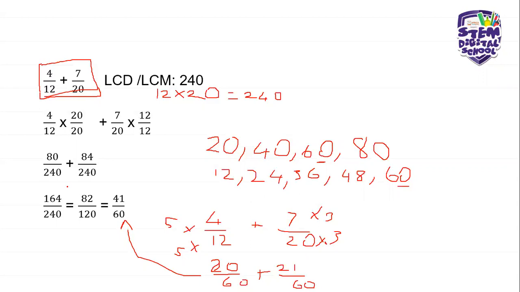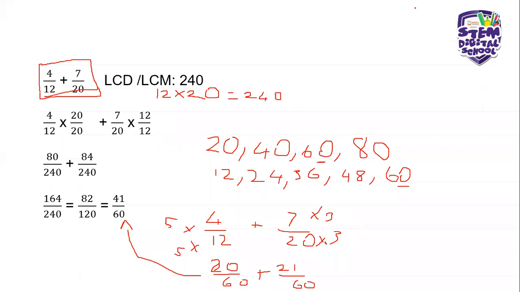So it's very important that we prefer writing and listing our multiples. Yes, that method is quicker, but you would always need to think and say, okay, I need to put this in my lowest form. My lowest form is when I cannot find any other number to divide both the top number and the bottom number, the numerator and denominator.